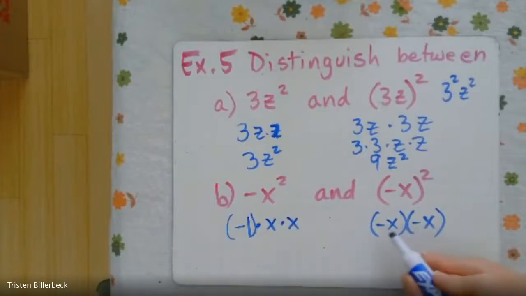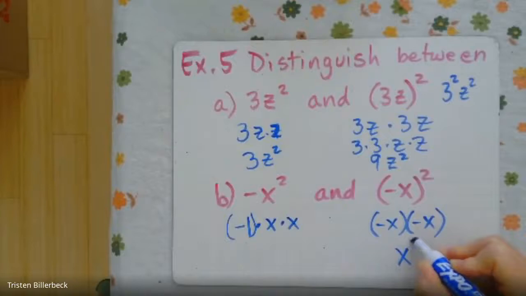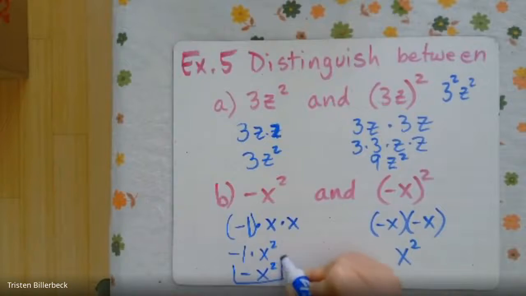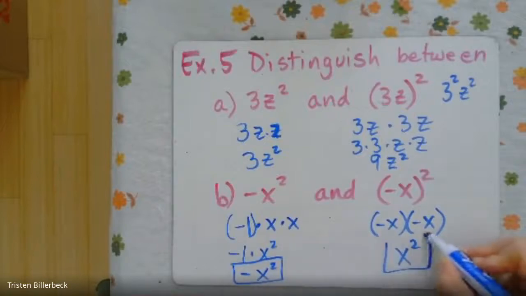Okay, so negative times a negative is what? That's right, it's a positive. So this becomes x squared. And this one is -1 times x squared. So this one's -x squared. That would be a big problem, don't you think, if we mix them up?